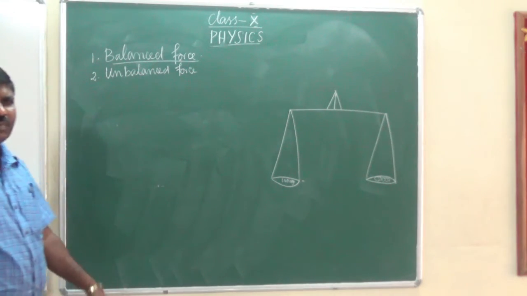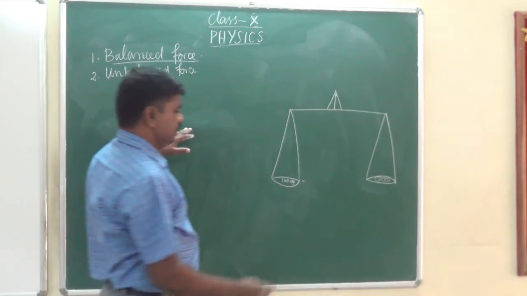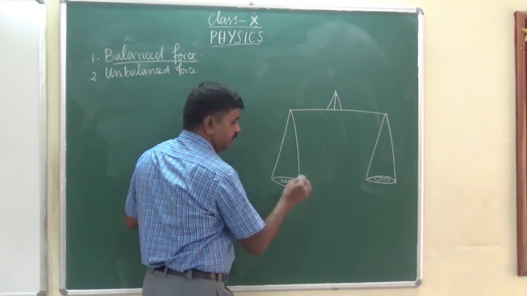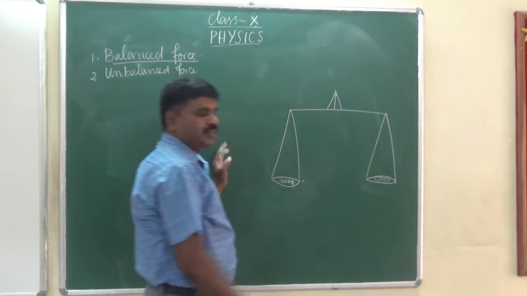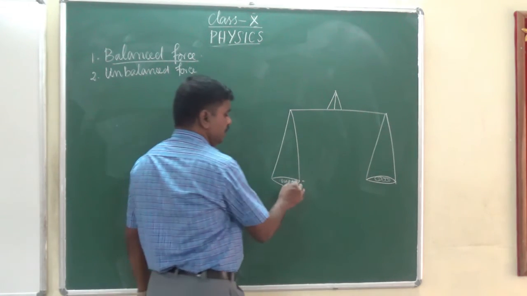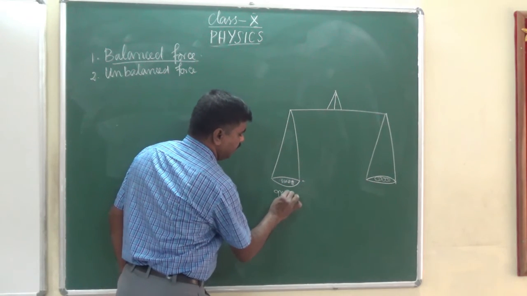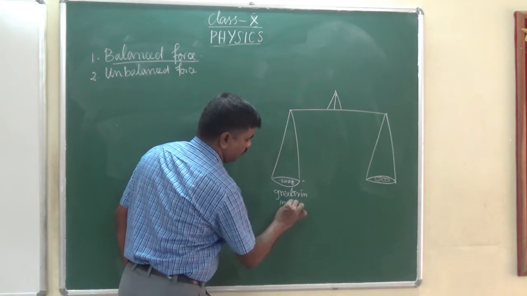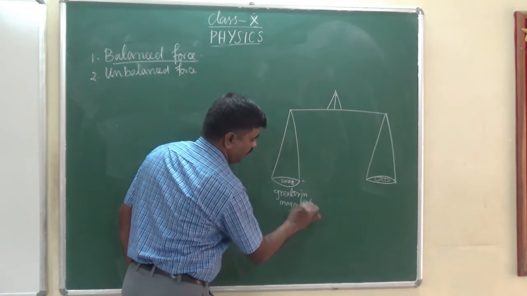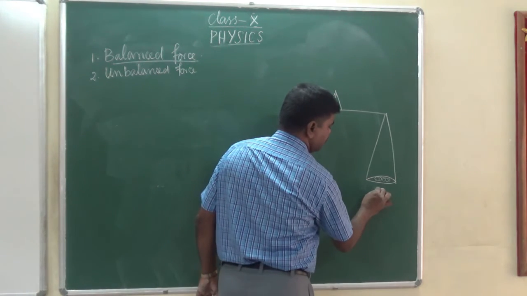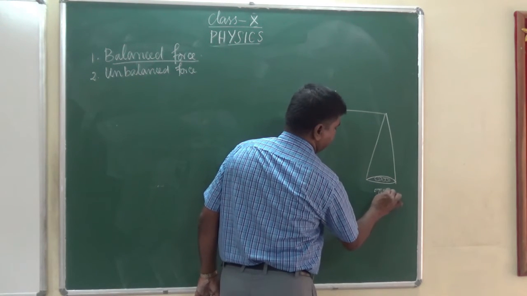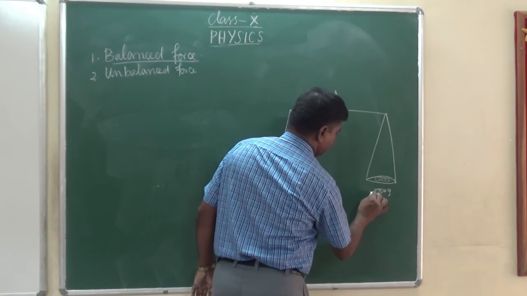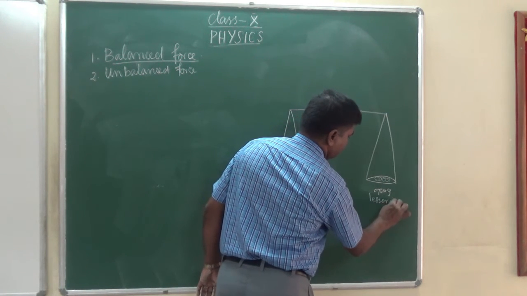Unbalanced force. What is unbalanced force? Suppose one side is 1100 gram of magnitude and the object on the other side is very light, so here it has a greater force, greater in magnitude. Here the vegetables are, for example, 900 gram, so it is lesser in magnitude.